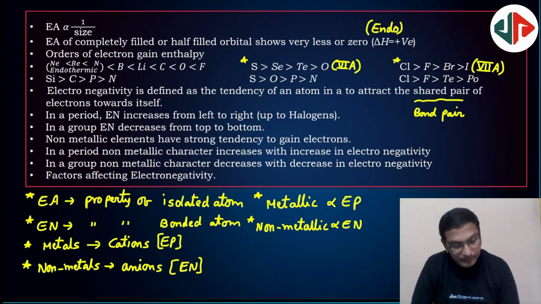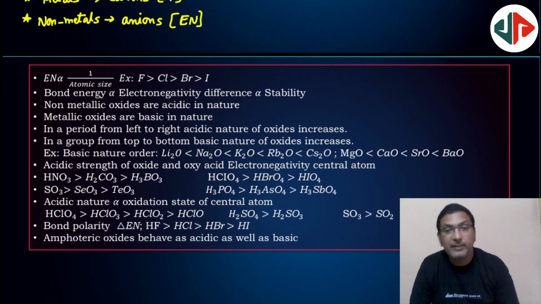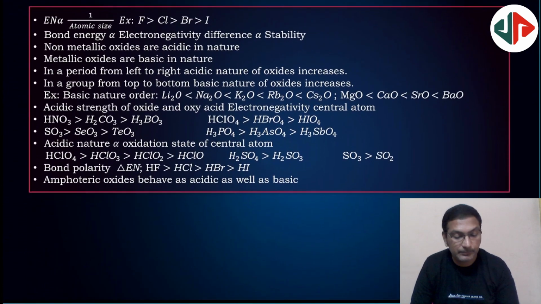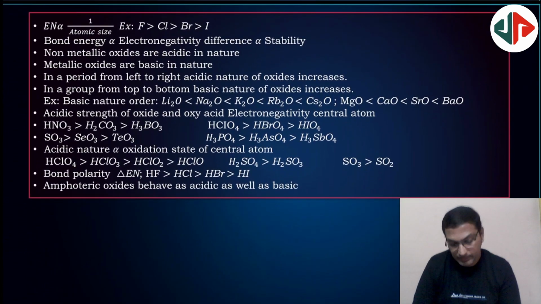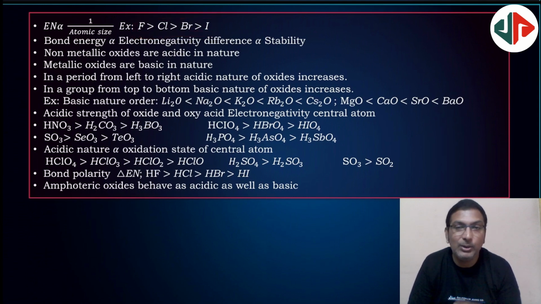Next, factors affecting electronegativity. So, this is also a very important topic. Electronegativity is also based on atomic size. So, fluorine is the highest electronegative element in the total periodic table.